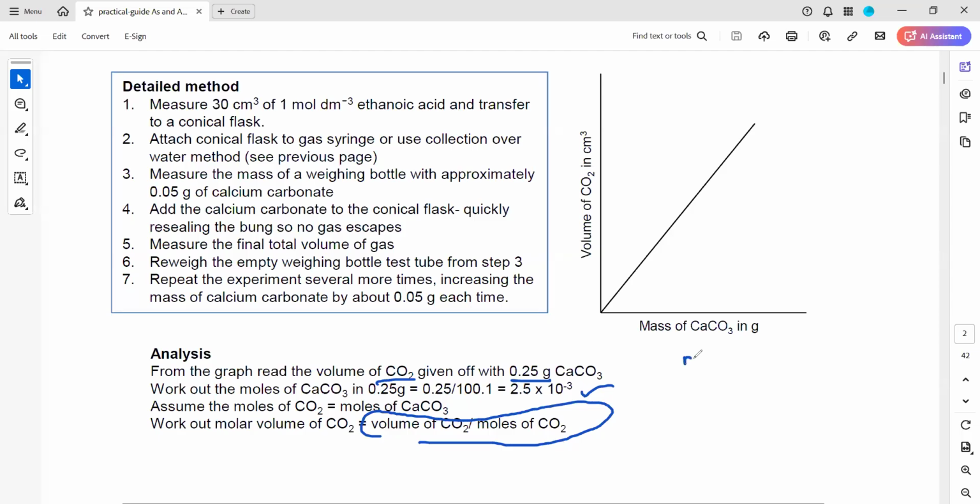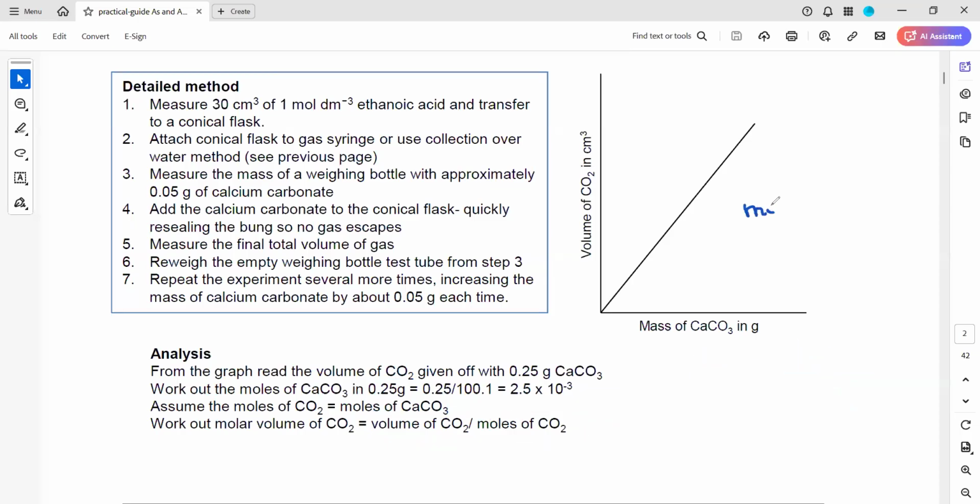Because we have the formula that moles equal volume of the gas divided by 24. What is this 24 actually? This 24 is a molar volume.